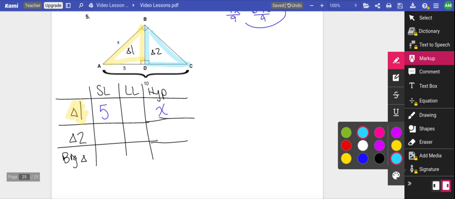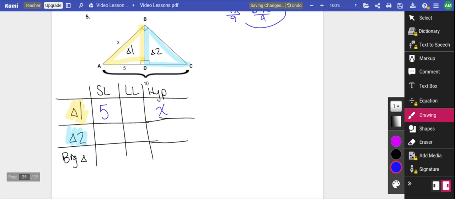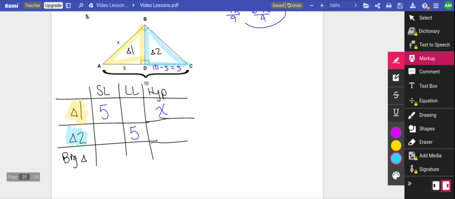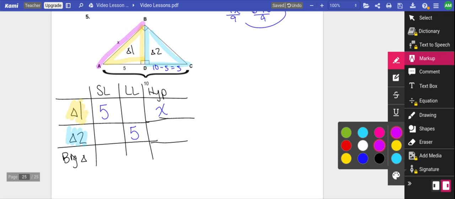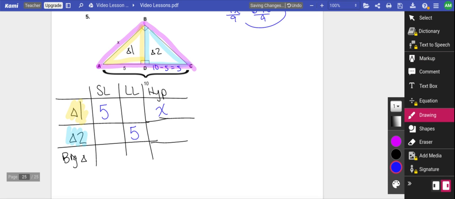In triangle 2, no sides are labeled, but I can figure out that this piece must be 10 minus 5, so the long side of that must be 5. But now let's look at the big triangle, because I do have more labeled for the big one. In my big triangle, I know that the shorter side is x and the hypotenuse is 10.